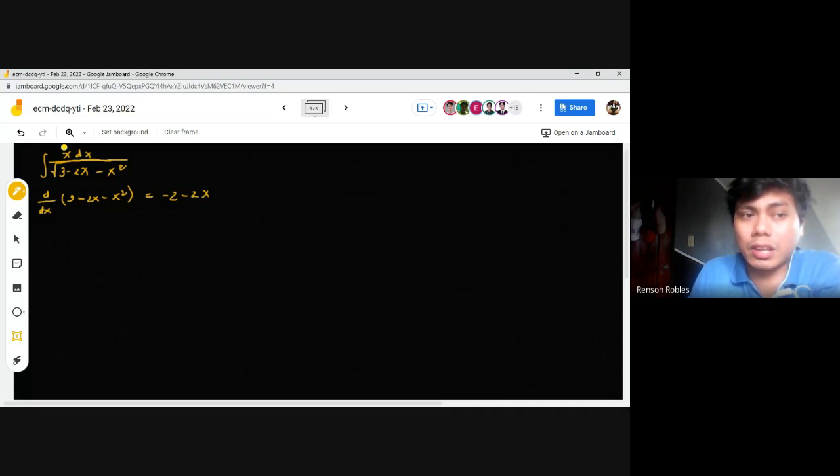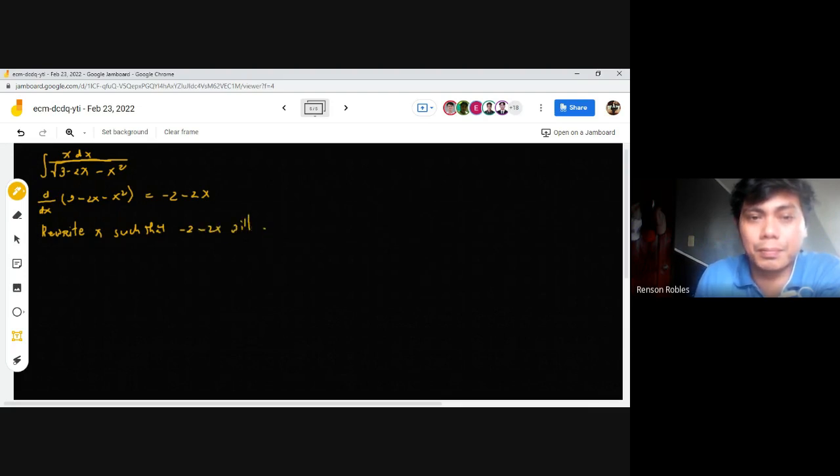And you are going to rewrite x. You think of an expression equivalent to x such that negative 2 minus 2x will show up. Okay? So you get x equals negative 2 minus 2x.